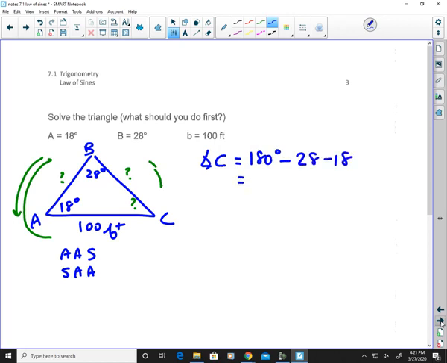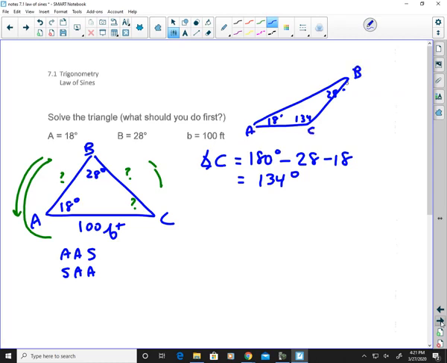I can say that angle C is 134 degrees. So maybe my drawing wasn't that great, but it's fine. And if you want to redraw it, you can with the 134 if you want it to look more like what this triangle looks like. But it's not really necessary.